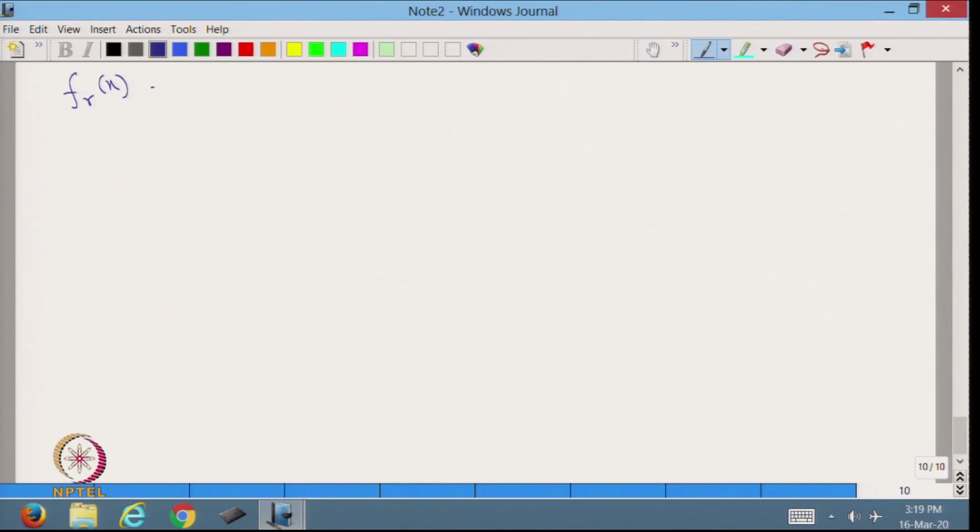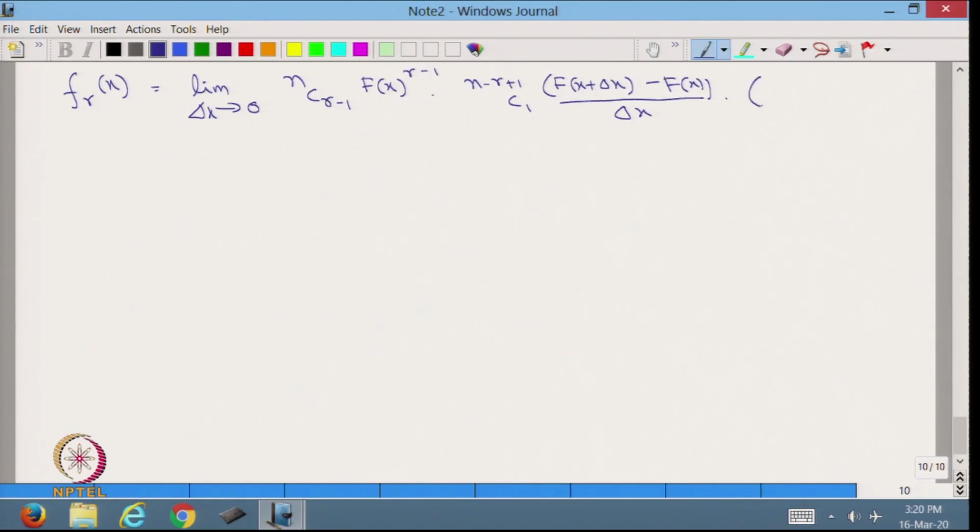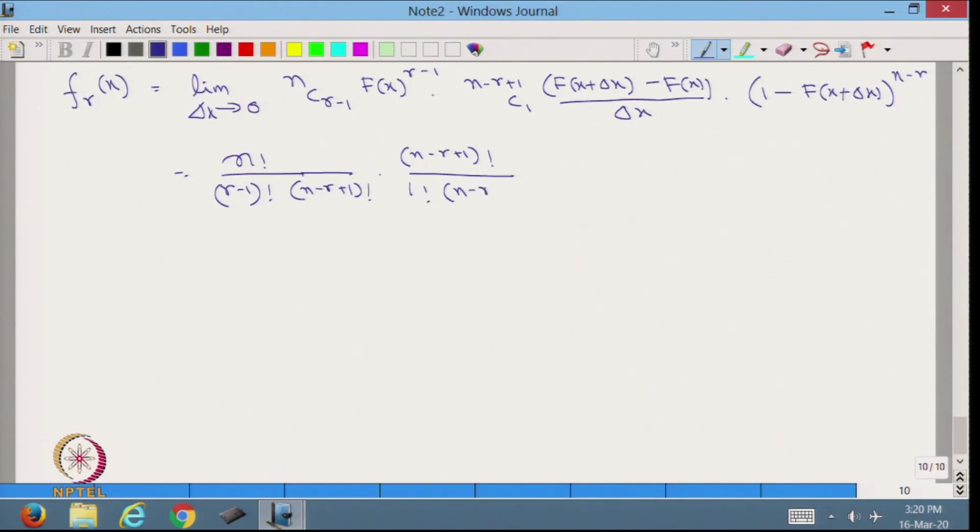f_r(x) is equal to the limit as delta x goes to 0 of n C (r minus 1) F(x) to the power r minus 1, (n minus r plus 1) C 1, [F(x + delta x) minus F(x)] divided by delta x, multiplied by 1 minus F(x + delta x) whole to the power n minus r, which is equal to n factorial upon (r minus 1) factorial (n minus r plus 1) factorial, multiplied by (n minus r plus 1) factorial upon 1 factorial (n minus r) factorial.